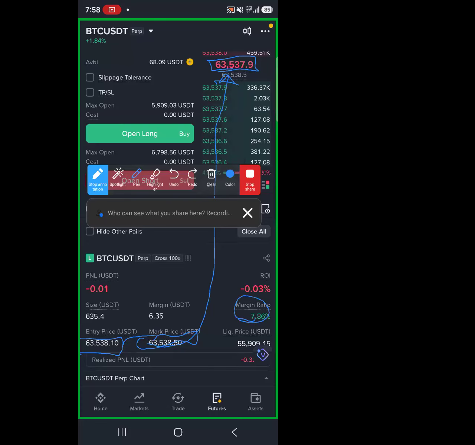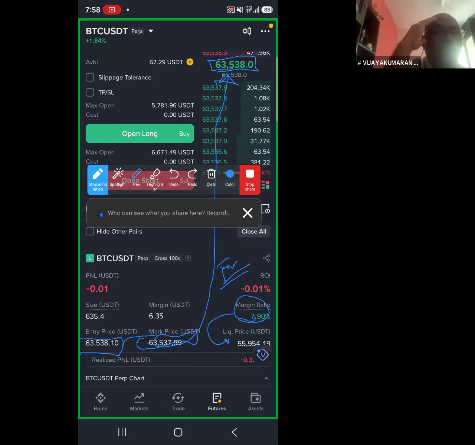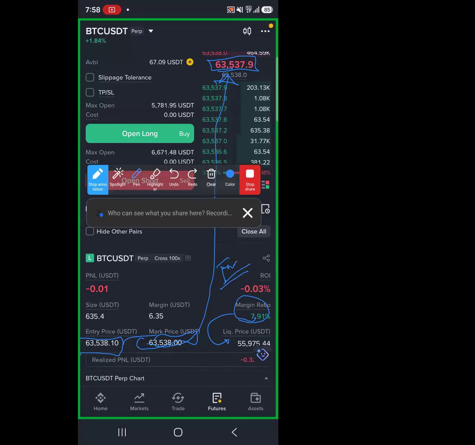The margin ratio refers to how far you are from the liquidation price. That's the simplest way of making you understand. How far you are.